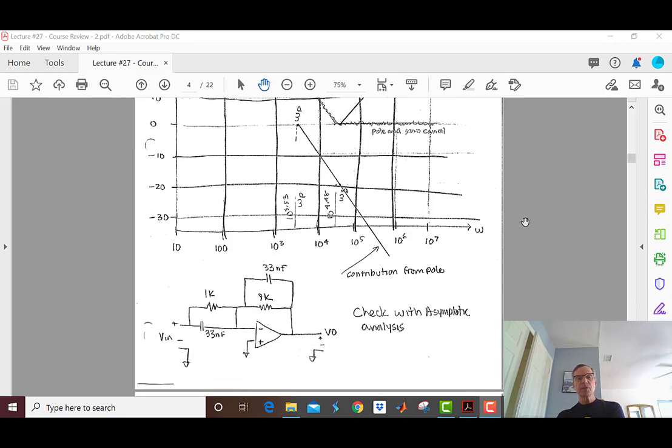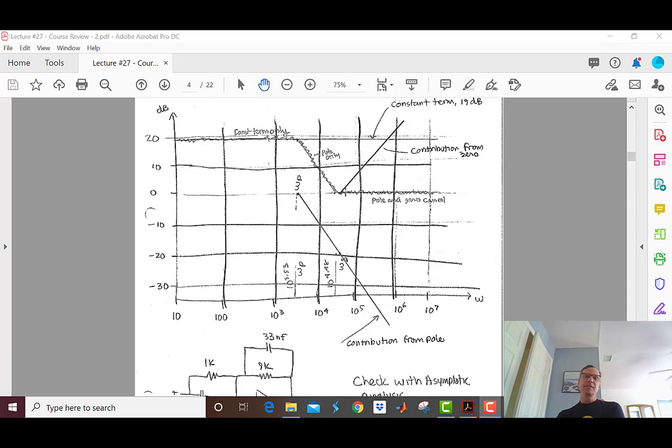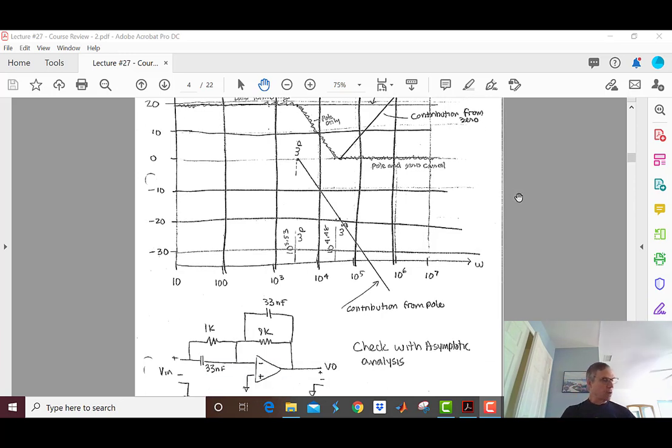Okay, so we've got our Bode plot, but is it realistic? Let's take a look. Let's hit some asymptotic analysis. So at DC, both of these capacitors look like open circuits because they don't pass any current if we use the rules from the first day of lecture, or they have infinite impedance if we just use the formula for the impedance of a capacitor.